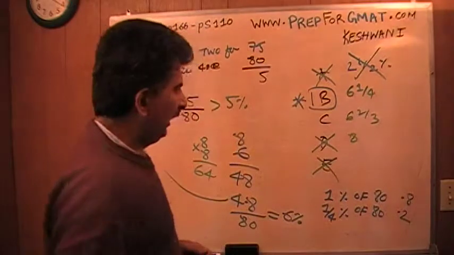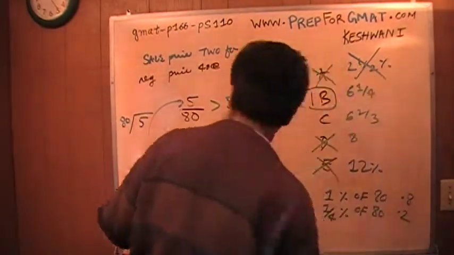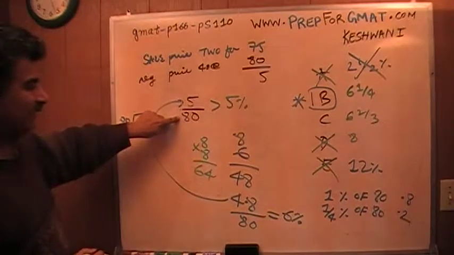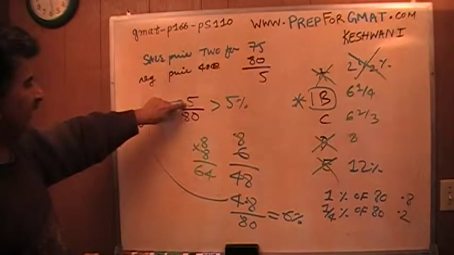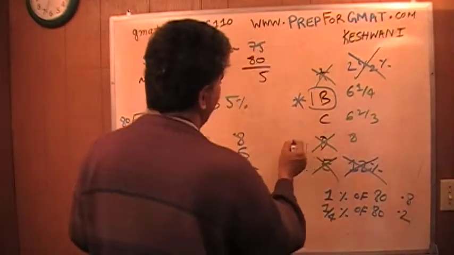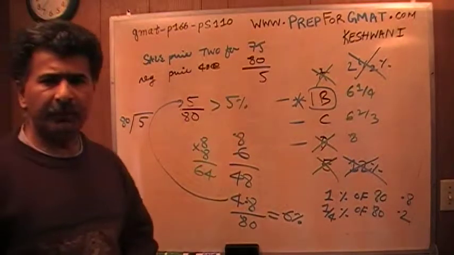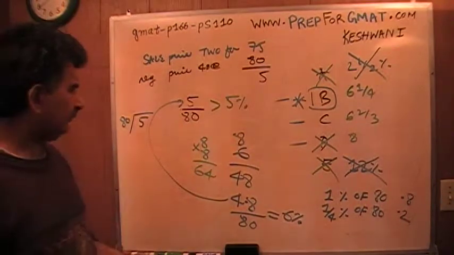That is silly. That cannot be the answer. That's too small. I also know that 12% is way too large, because I know that 10% of 80 is 8. I only have 5. I don't have 8. That's too large. That one is gone. So I was down to these 3, C, D, and B. From that point on, I start taking round numbers.